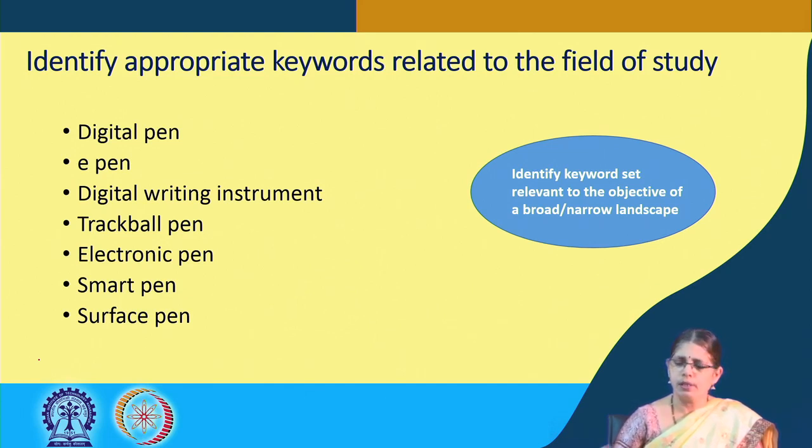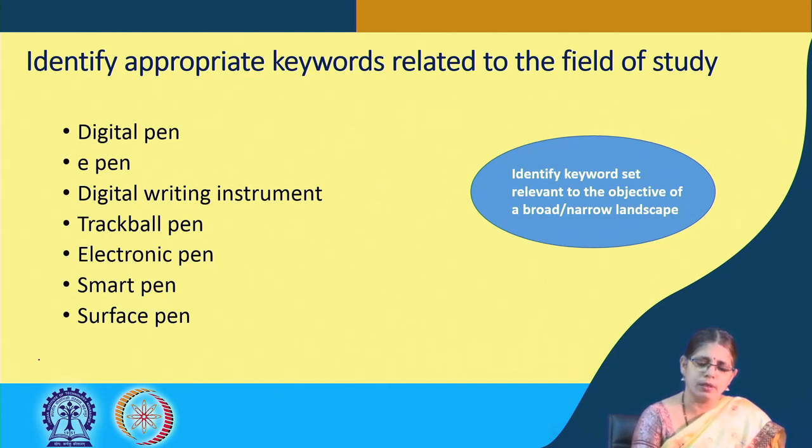So, it actually depends on how you would want to look at the representation in this particular area. So, one can go in for a broader keyword called digital writing instrument. So, it will pull out all the patents in relation to writing instruments specifically which are used in the digital form.